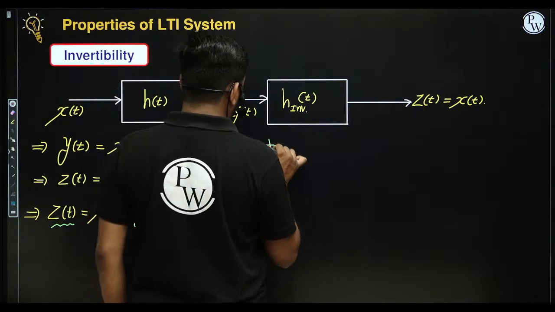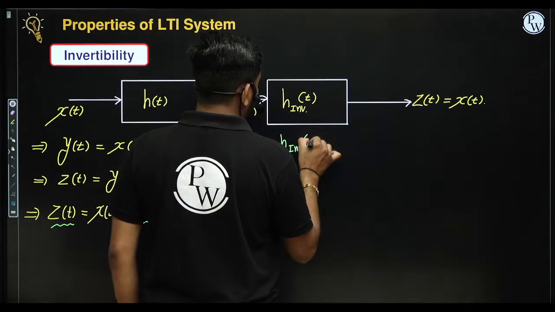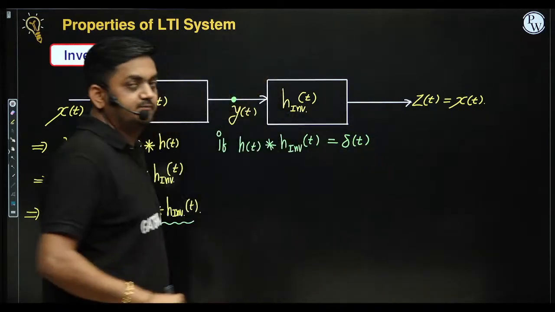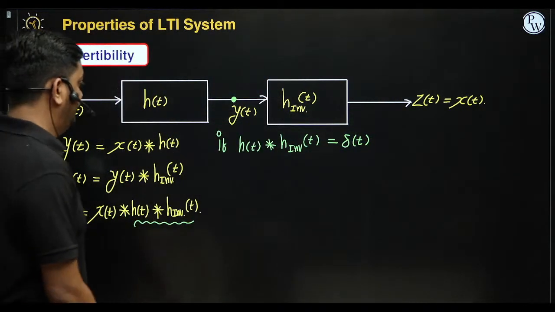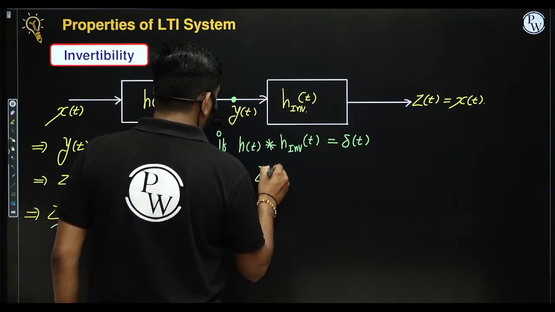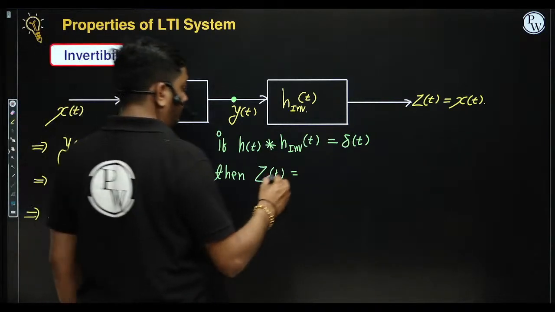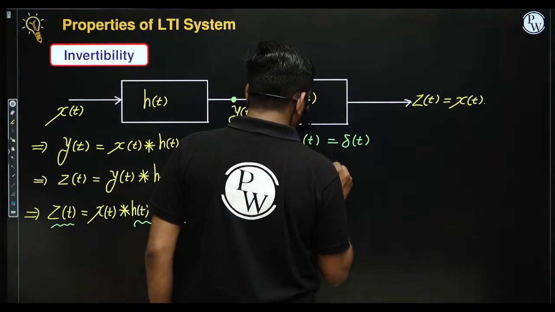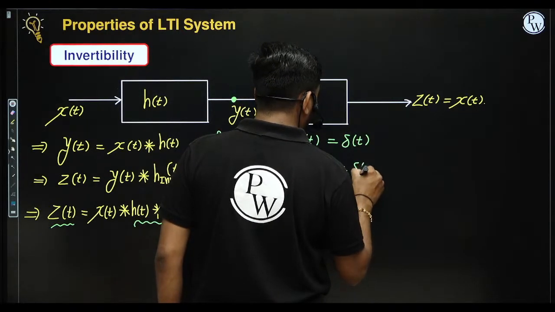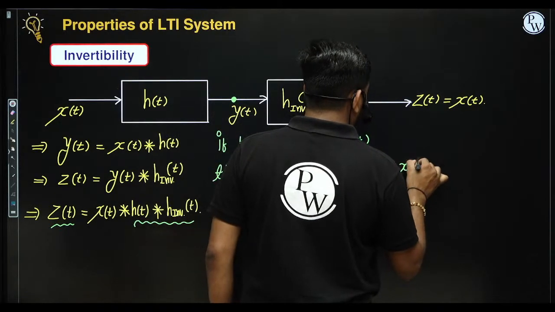If h of t convolution with its inverse system is an impulse function, then z of t is equal to x of t convolution with delta t, which is equal to x of t only.